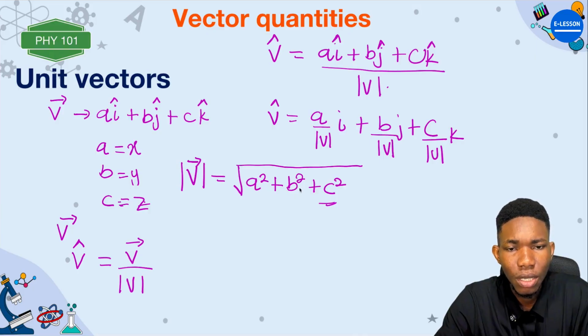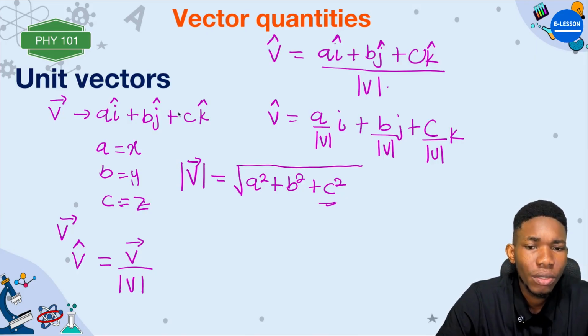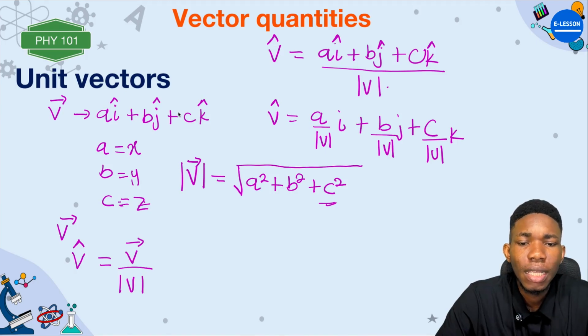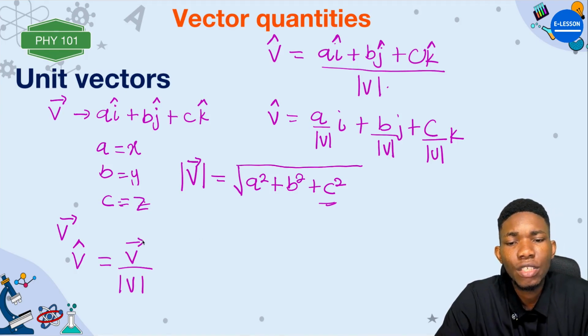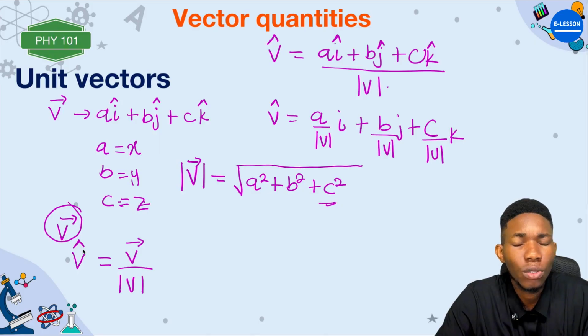Is that understood? Basically, I've told you that the unit vectors i, j, and k have a magnitude of 1 and they are used to indicate direction. That is the first thing we've known. Then another thing: to get the unit vector for any vector given to you, let us say they give you this vector, you just put that vector and then you put a hat on top, which is equal to the vector itself divided by the magnitude of the vector.